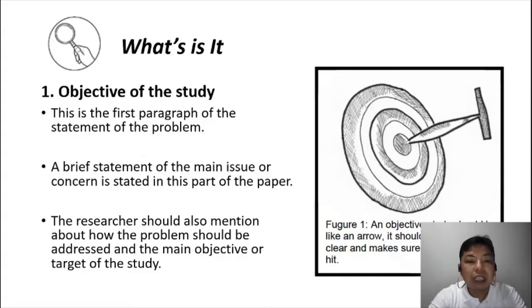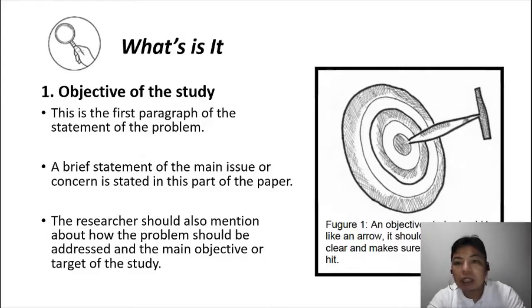Or yung study natin mismo. I-discuss nyo briefly. After that, the researcher should also mention about how the problem should be addressed and the main objective or target of the study. So, on the latter part of the objective of the study, kailangan din natin i-discuss dito o i-mention dito ano yung plano natin in addressing the issue and also what is our main objective or target of the study.